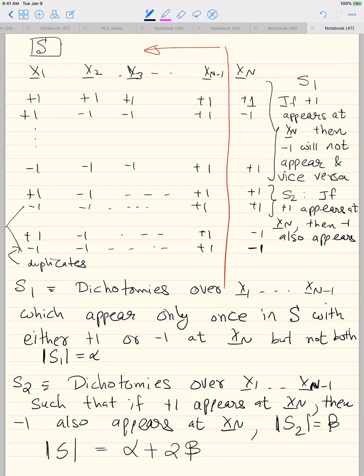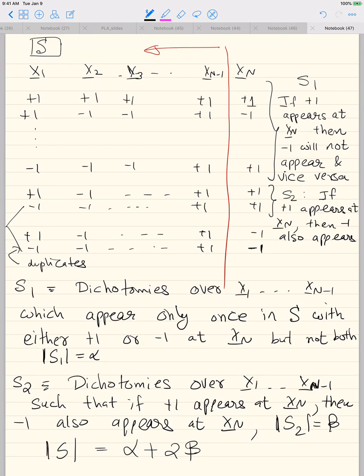Yes. So S is the collection of dichotomy vectors of length n. But just to bound the size of S, we are going to have a recursive argument. So we're going to look at dichotomy vectors of length n minus 1. By induction, assume that they have a certain size and use them to bound the size of this overall set S. Now, S1 and S2 are selected so they have different structures, right? S1 will be all vectors such that if you add either +1 or -1 in the last position, you get an element in S, but not both.